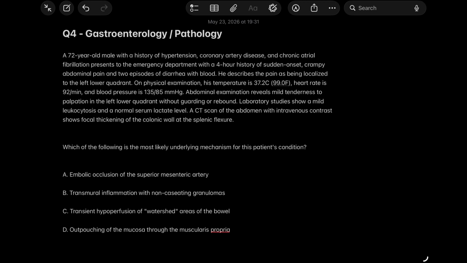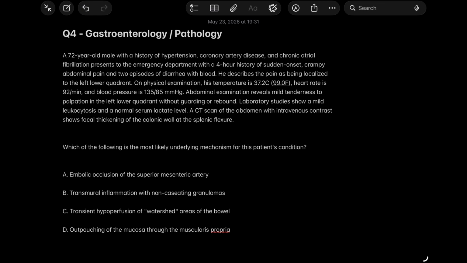But more importantly, the CT scan does not show involvement of the sigmoid colon. It does not mention if diverticula are present, and there is no mention of pericolic fat stranding, which you would see in diverticulitis with inflammation.